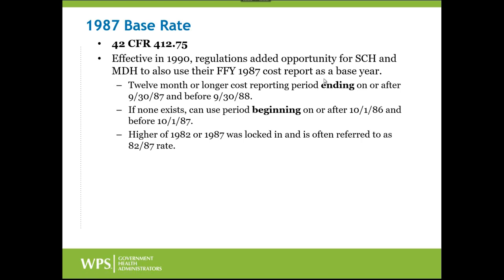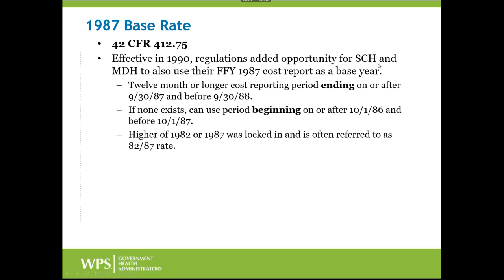So now let's talk about the 1987 base rate. This was the second rate that existed. Now notice here, this one, by the way, the 1990, that's also when the MDH, the Medicare Dependent Hospitals, first came into play.